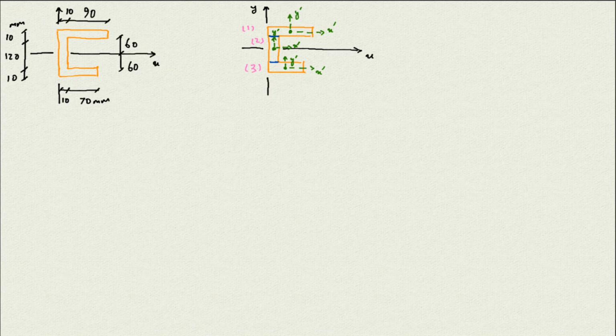So here, the distance between the x prime for the top part and this x axis is going to be d sub y for the first one, and this distance is 60 plus half of the width of this top part, so it's going to be 60 plus 5.